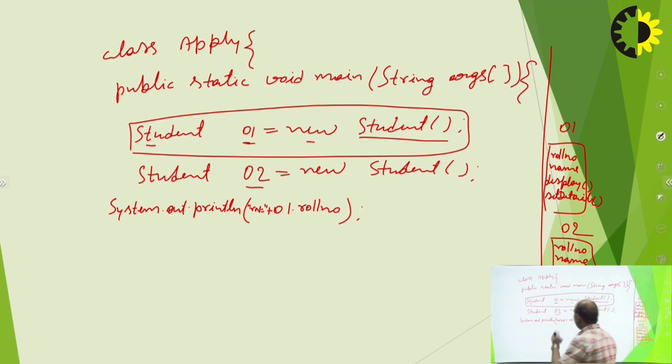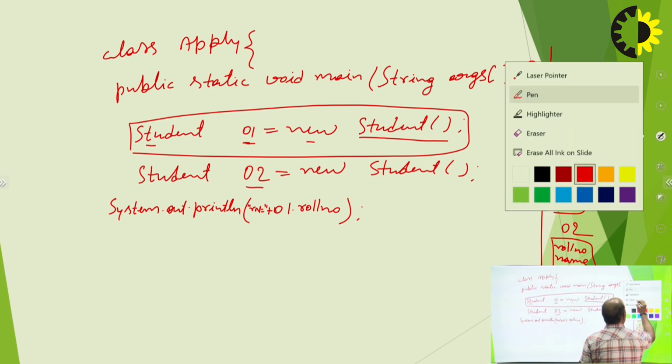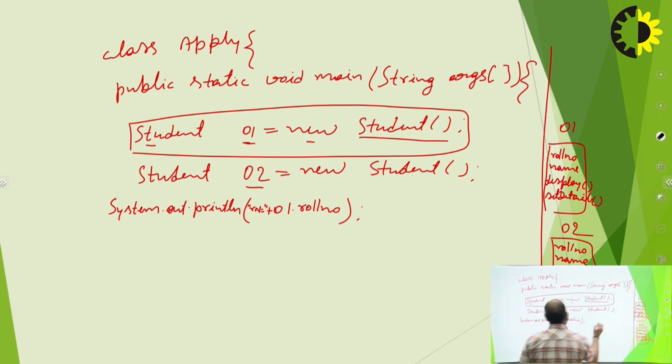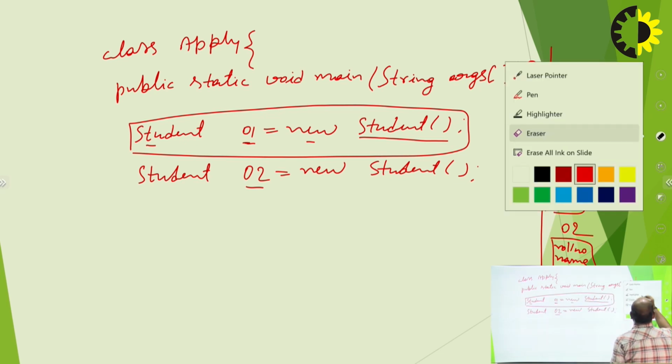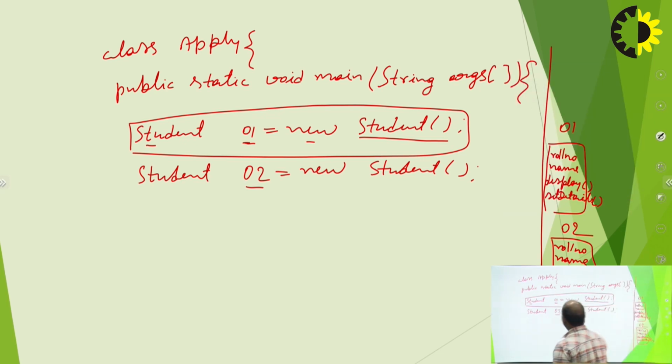So to display the roll number and name, we have used the display function, and to set the roll number and name we have used the setDetail function.